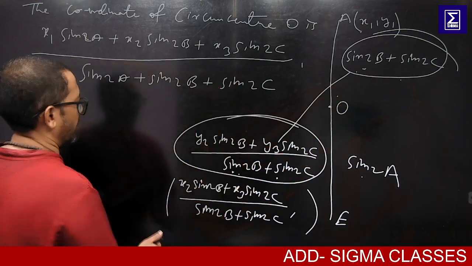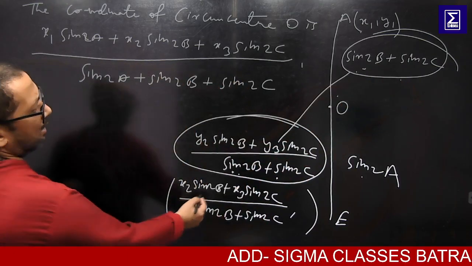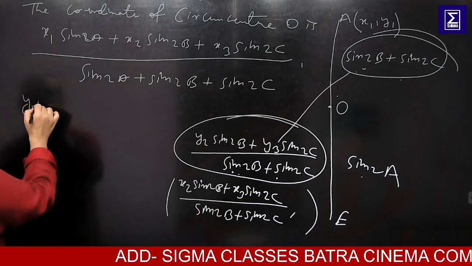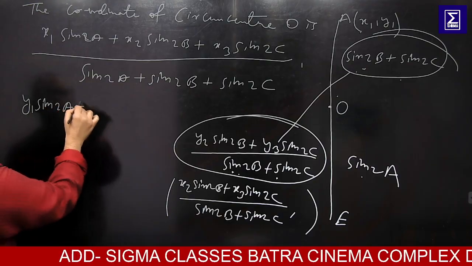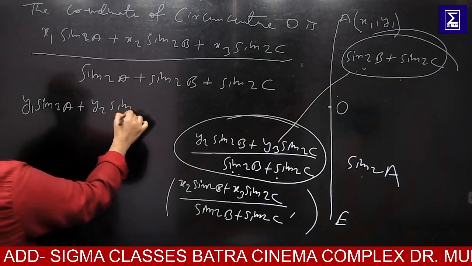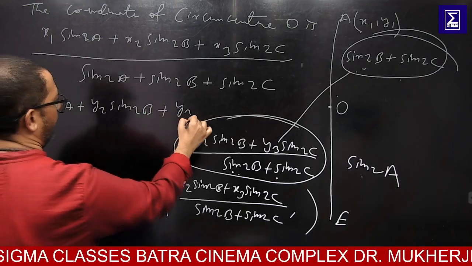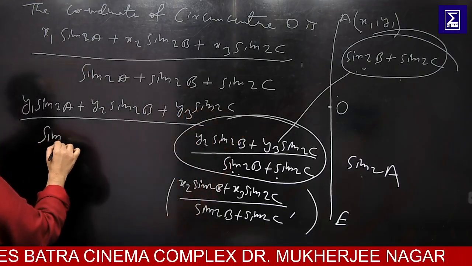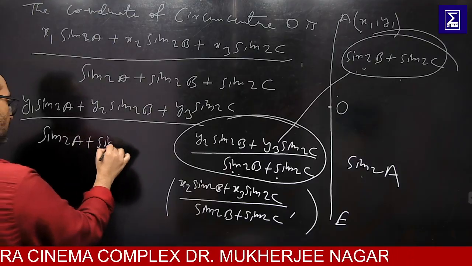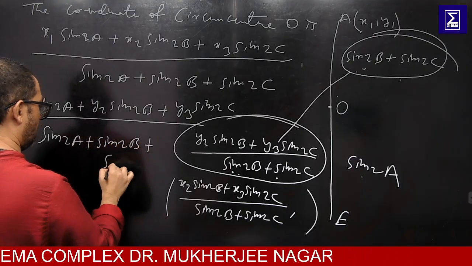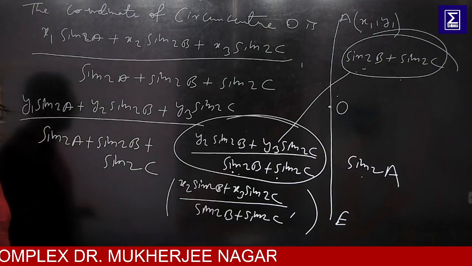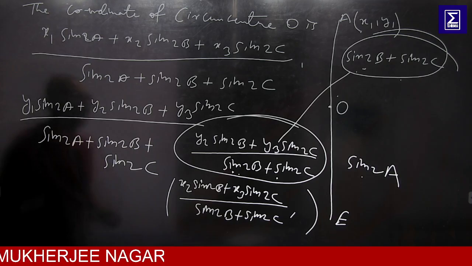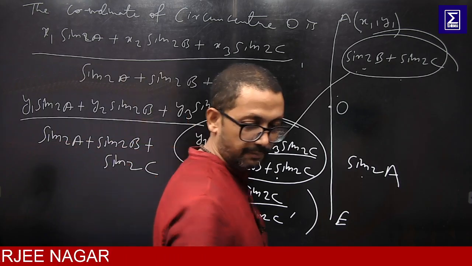So you are left with y1 sin 2A plus y2 sin 2B plus y3 sin 2C upon sin 2A plus sin 2B plus sin 2C. Okay, so this is the entire result basically of circumcenter.